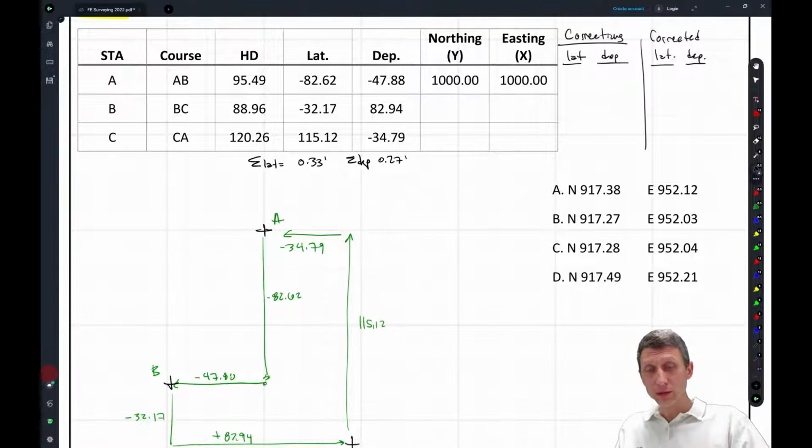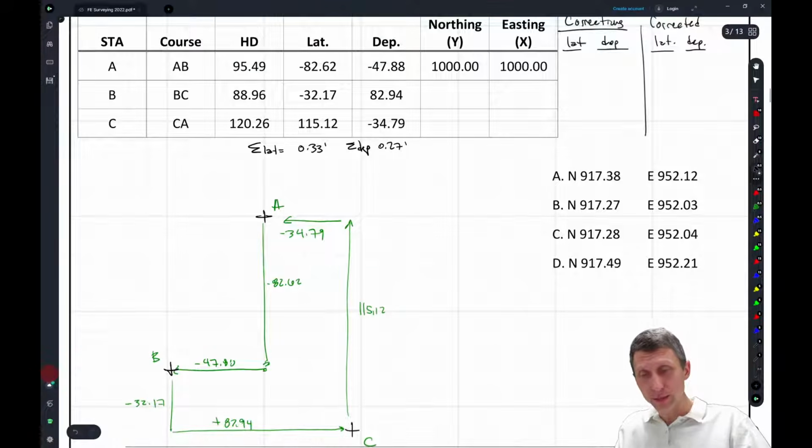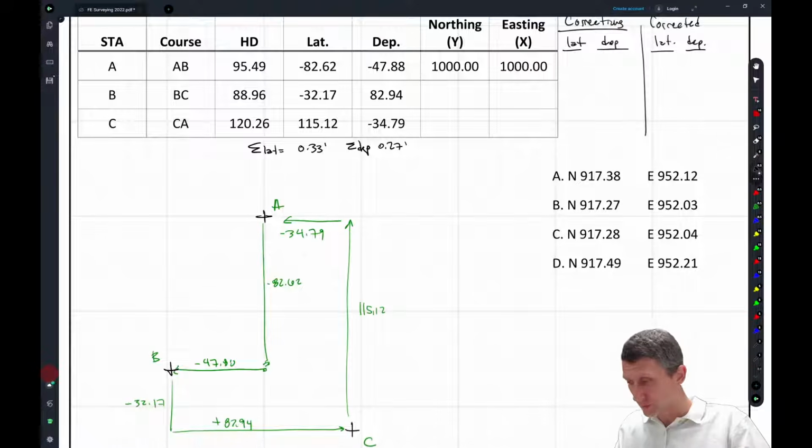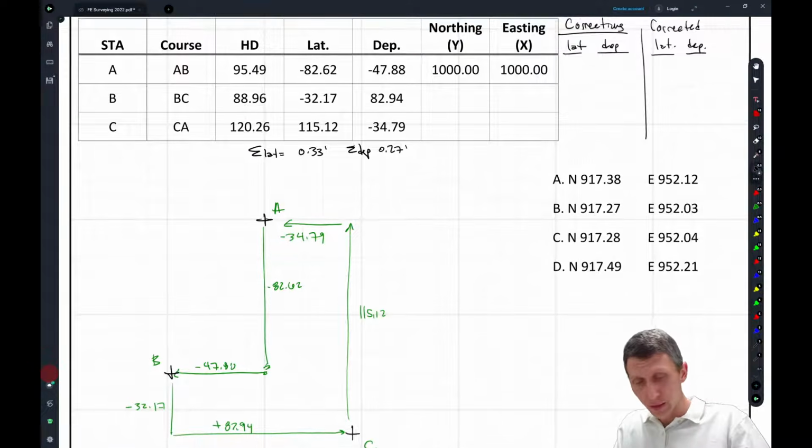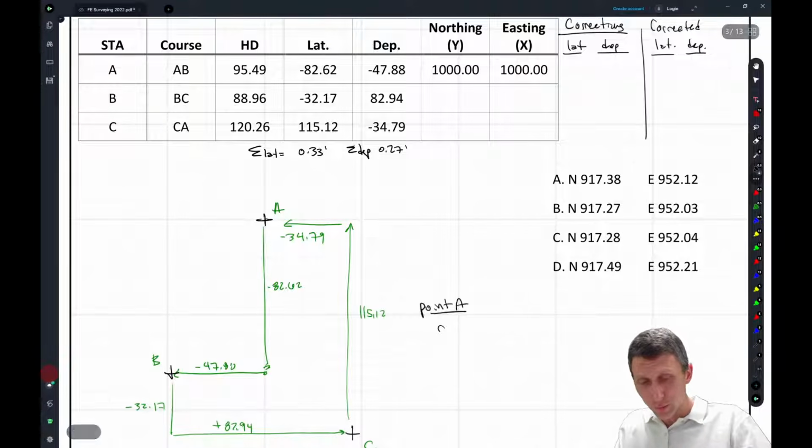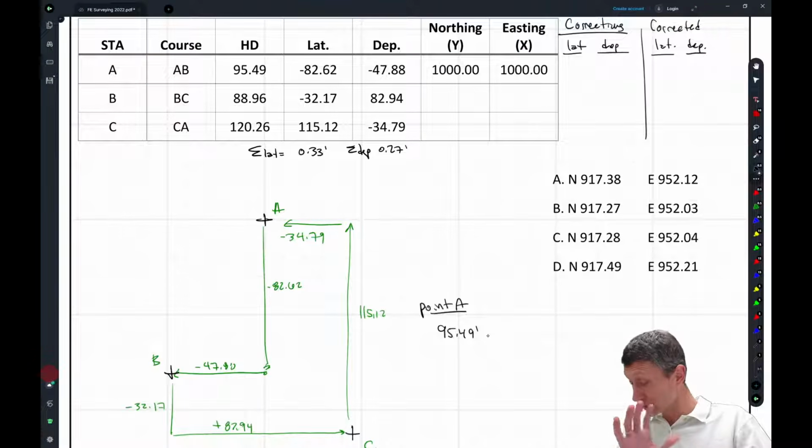Okay, so how do we get the corrections, or how do we get the corrected latitude and departure? Well, for point A up here, let's just look at point A. Actually, let me take a step back.